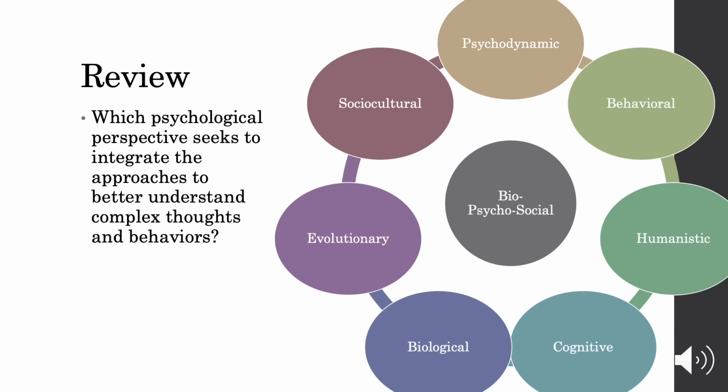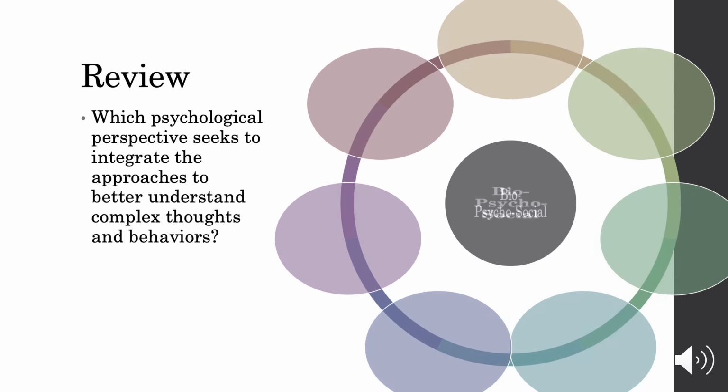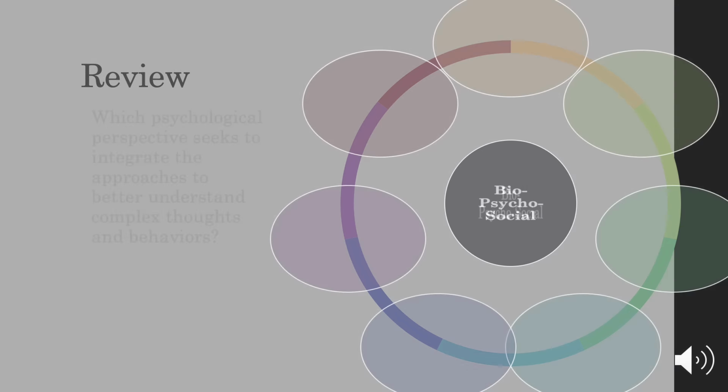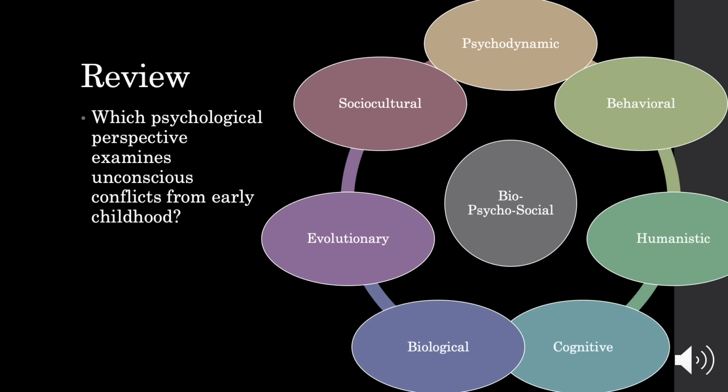Which psychological perspective seeks to integrate the approaches to better understand complex thoughts and behaviors? That's our integrative view, the biopsychosocial model. Which psychological perspective examines unconscious conflicts from early childhood?